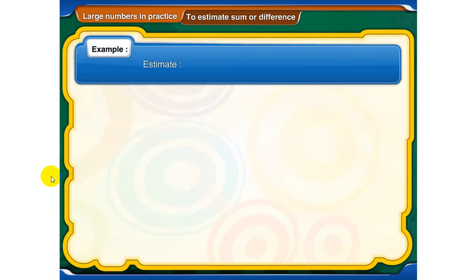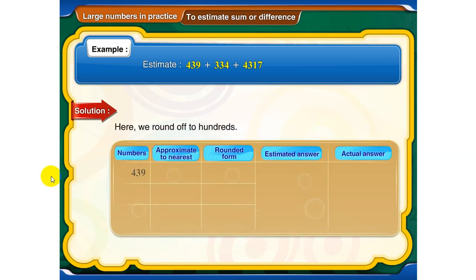Example. Estimate 439 plus 334 plus 4,317. Solution. Here we round off to hundreds. 439 rounds off to 400. 334 rounds off to 300.